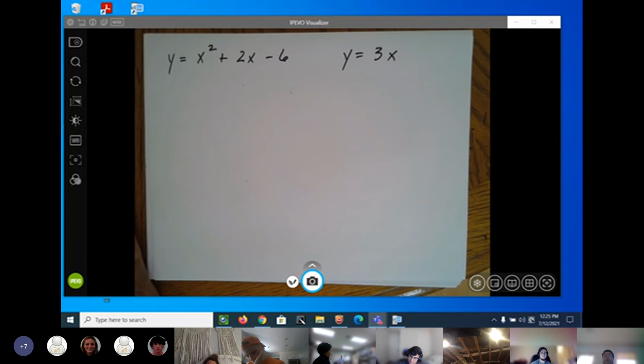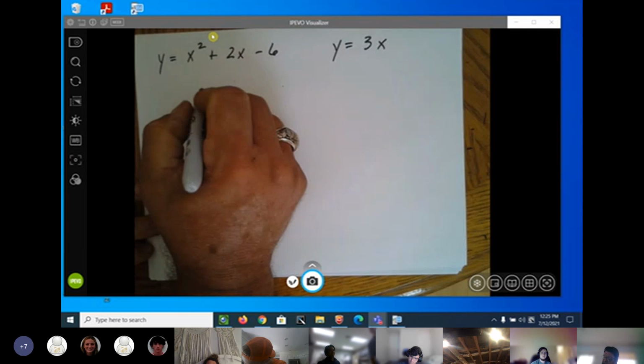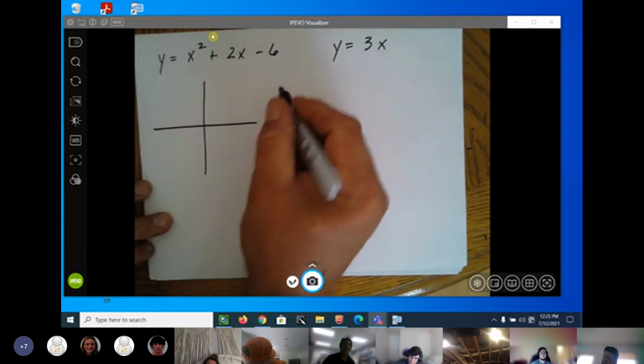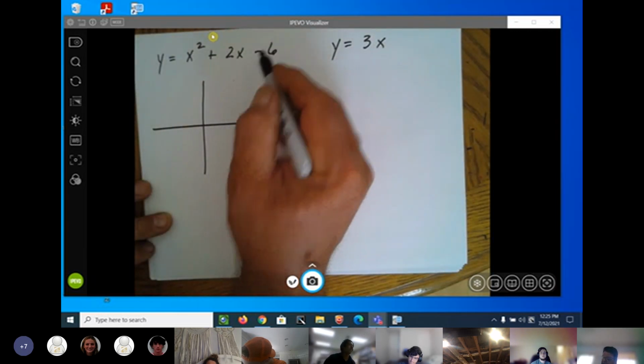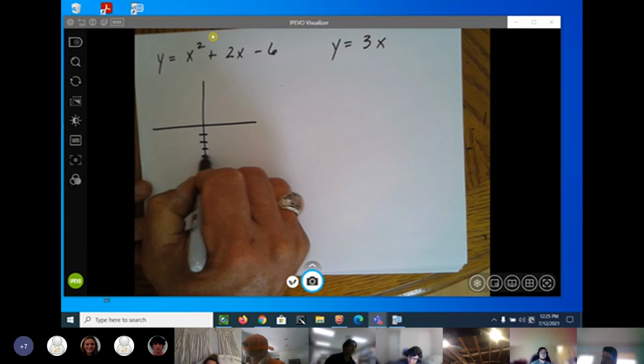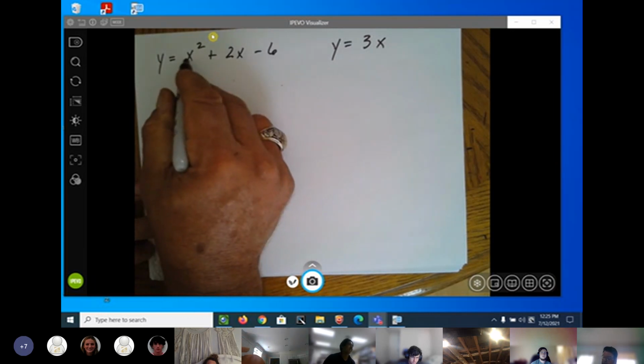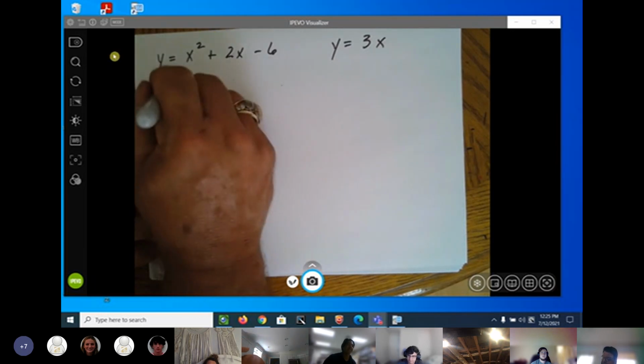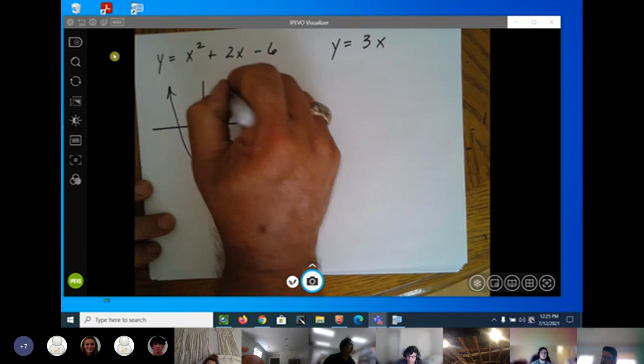So, all right, here we go. First thing you want to do is maybe graph it, sketch it. You know you got a y-intercept of -6. It's a basic parabola, so that means something like this.